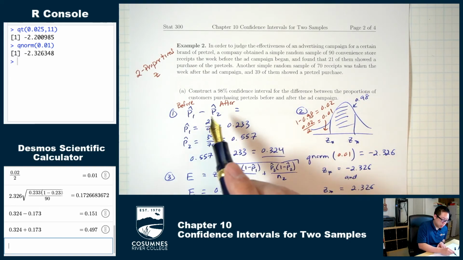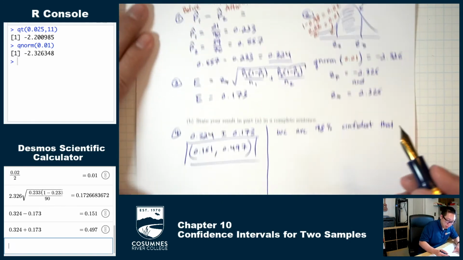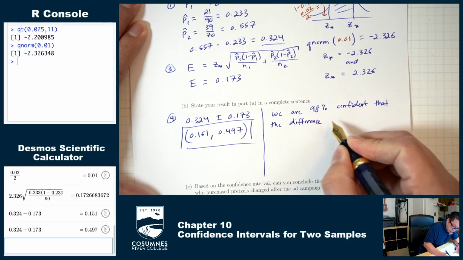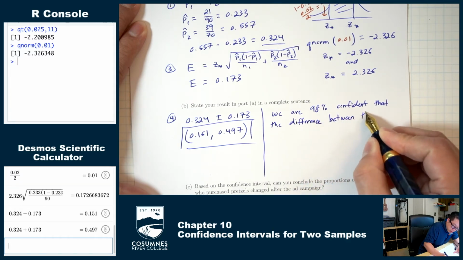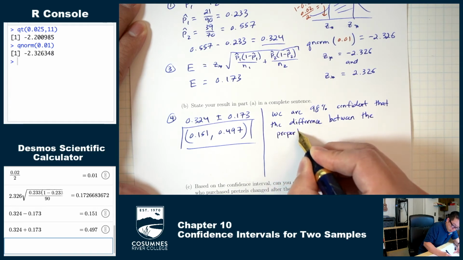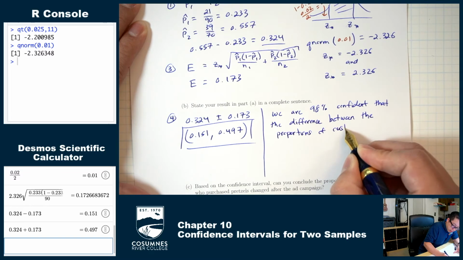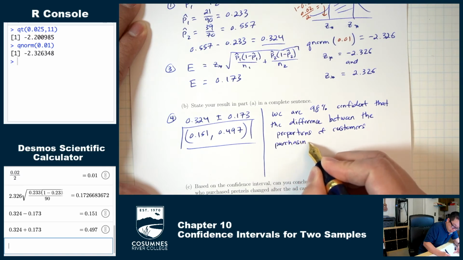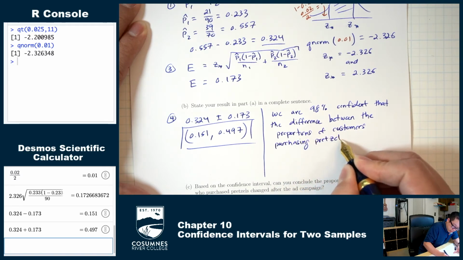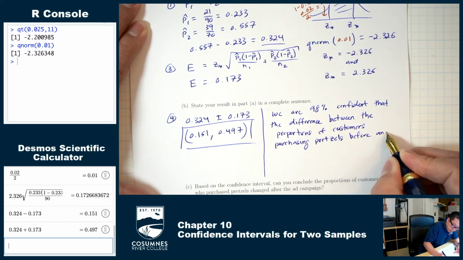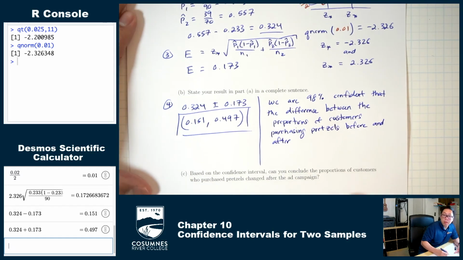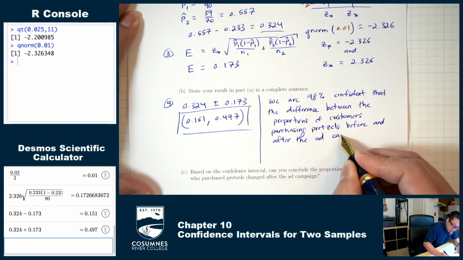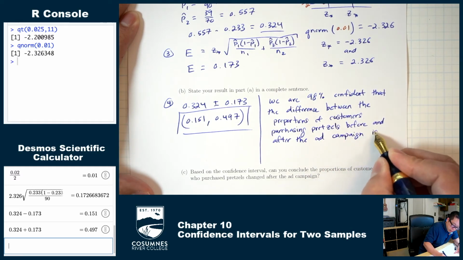The difference between the proportions of customers purchasing pretzels before and after the ad campaign is between.